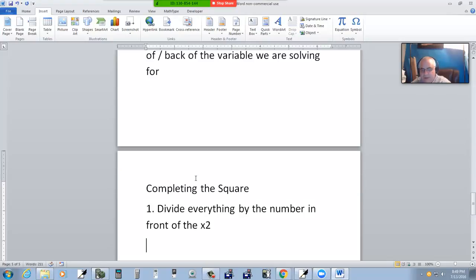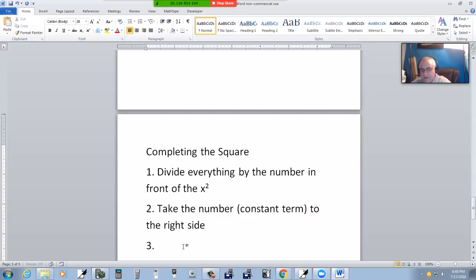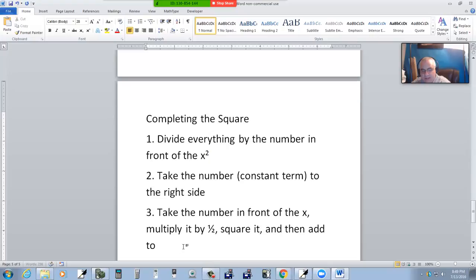I'm going to write this in terms of x, but you can have any variable. The number in front of the x squared, that's the coefficient, remember. Step 2, take the number, the constant term, to the right side. Step 3, take the number in front of the x, the coefficient, multiply it by 1/2, square it, and then add to both sides.